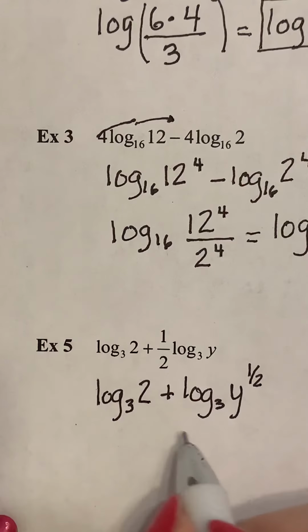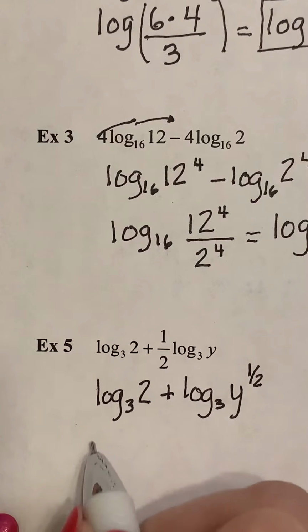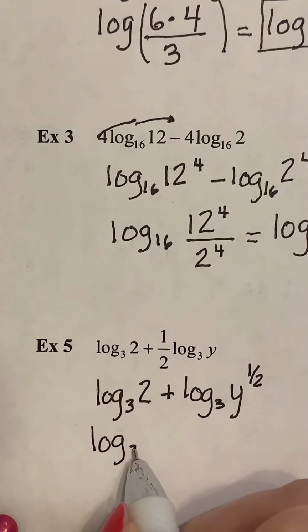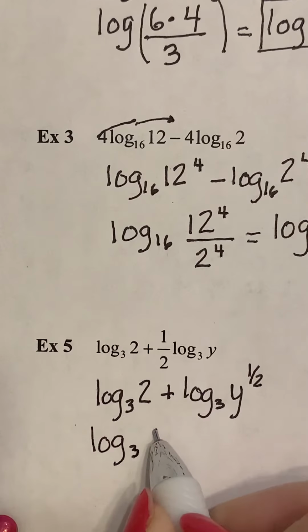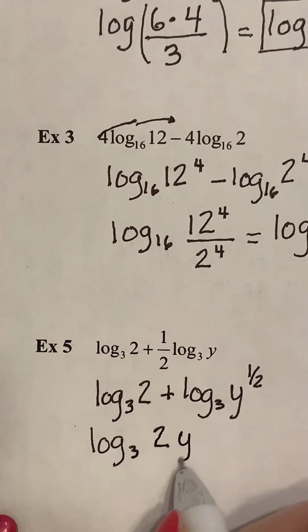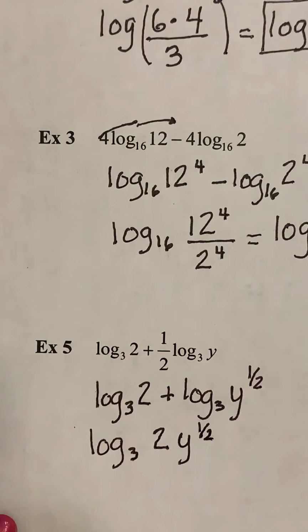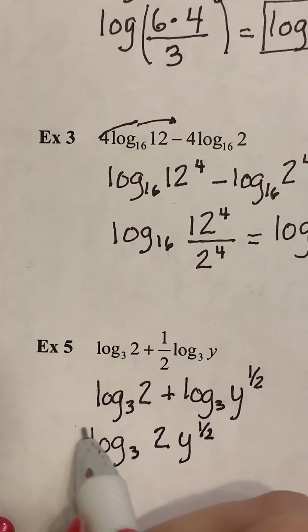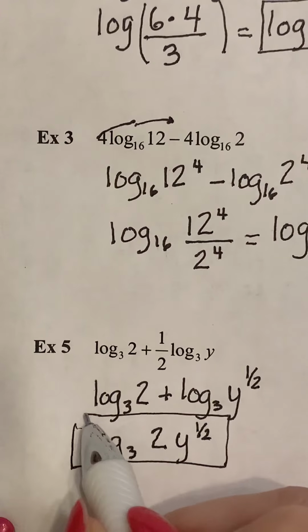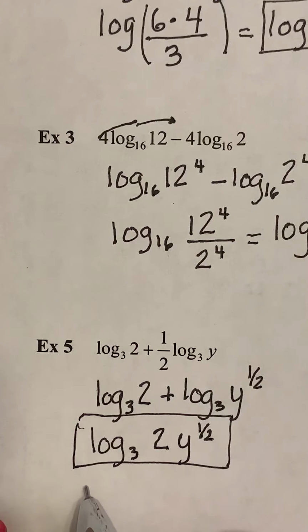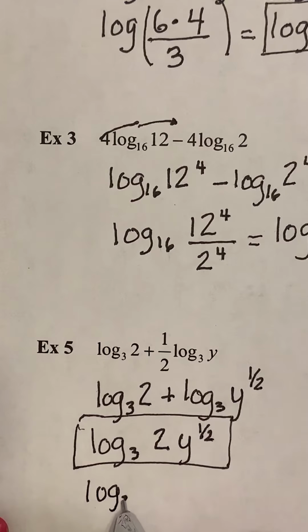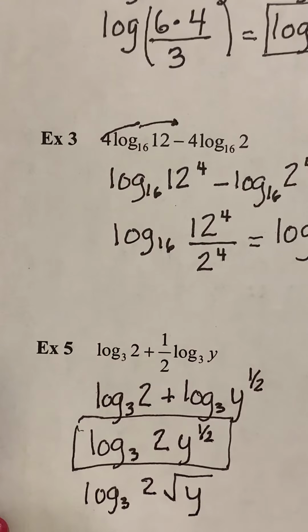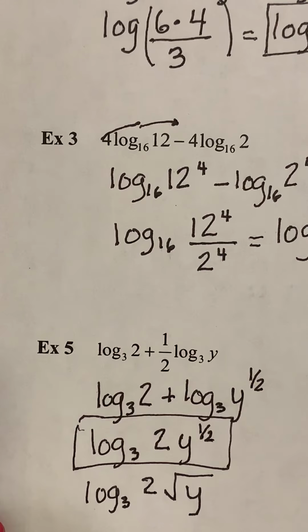So now, since they both have log base 3, we're going to write that once, and they're both positive, so this is going to be a product, 2y to the 1/2. There's our answer. You could write this as log base 3 of 2 square root of y, because y to the 1/2 is the square root of y.